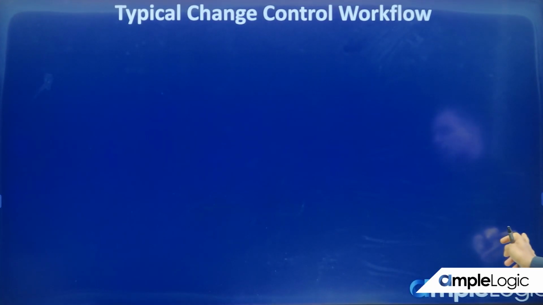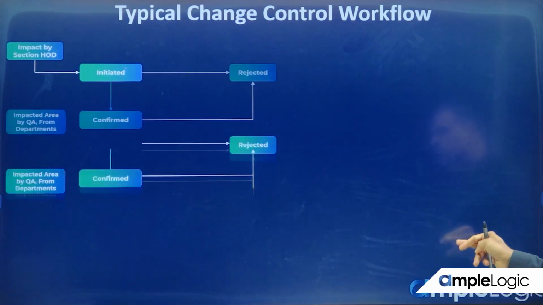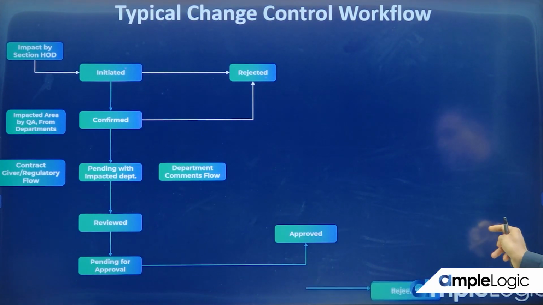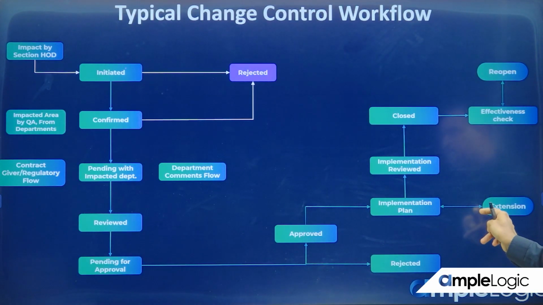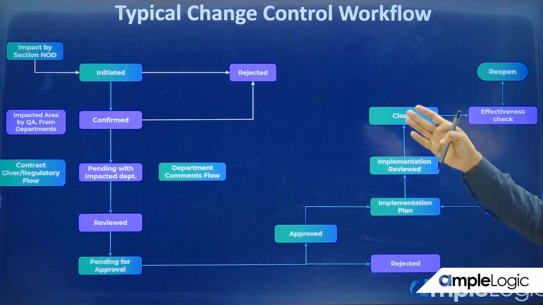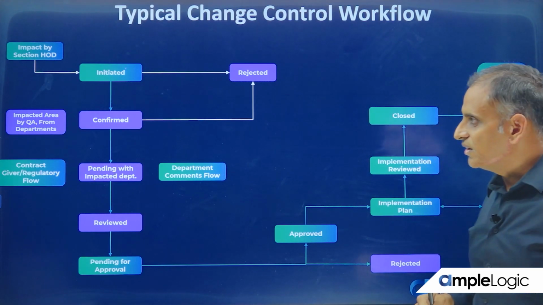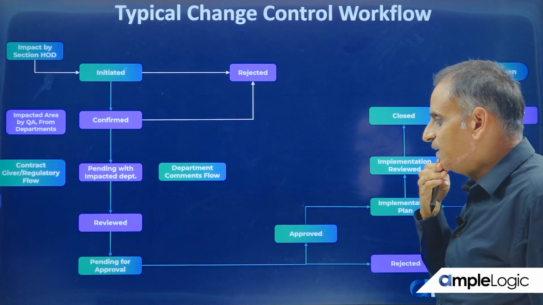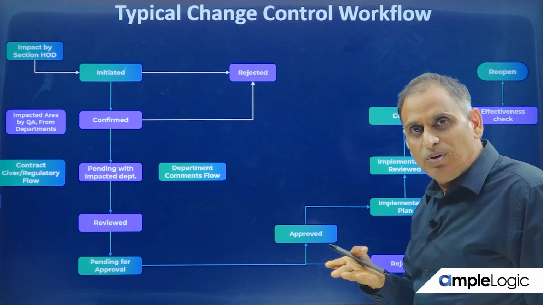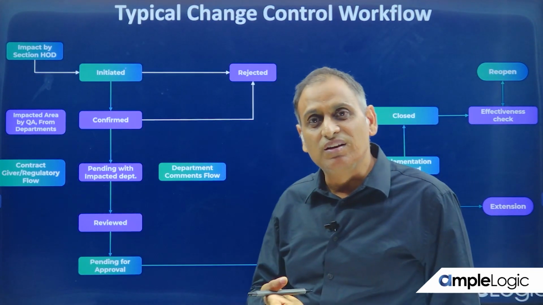So next, the same applies to the typical change control also. Now with AI, we can minimize certain tasks. I can minimize the highlighted ones, right? You can minimize the rejections, and you can minimize the impacted areas.